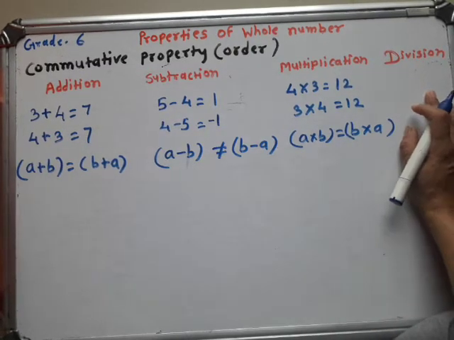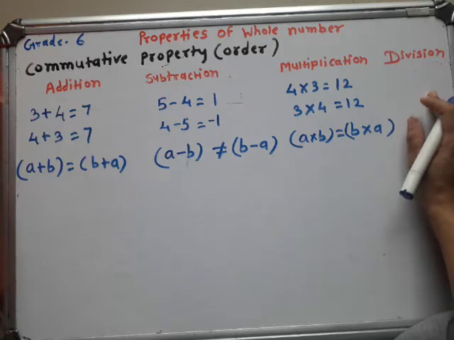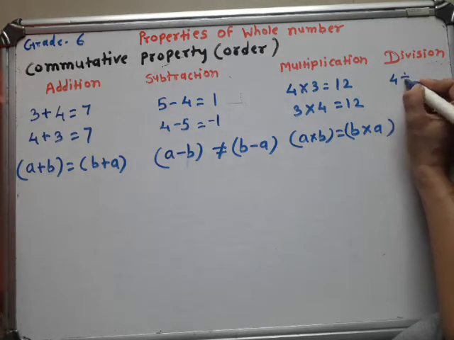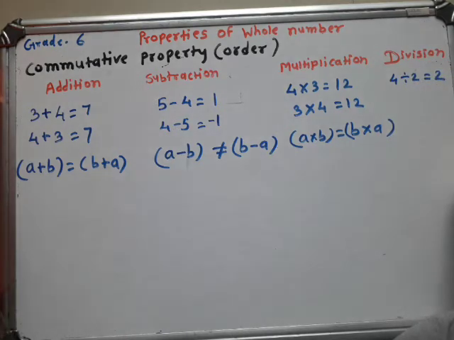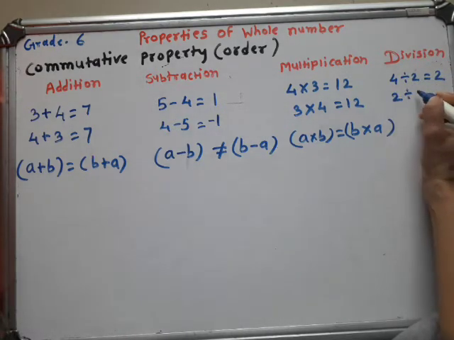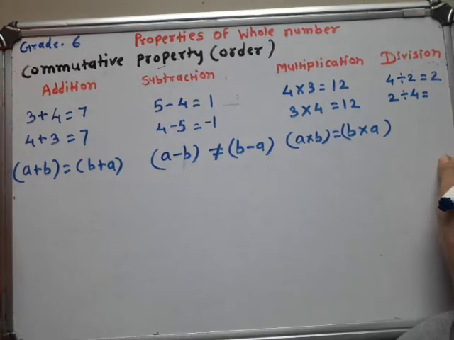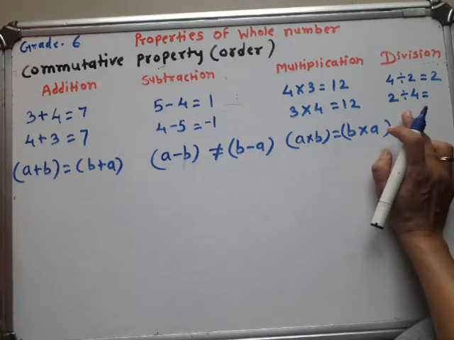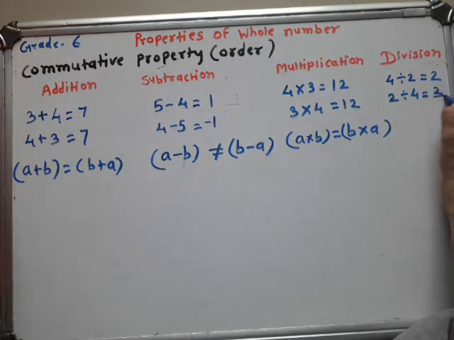Then the last is division. Again see, when we divide two numbers, suppose we divide 4 by 2, we get the answer 2. But we cannot divide 2 by 4 in the same way. Now we change the order of the numbers. So here 2 divided by 4 is possible. Here we get 1 upon 2, again the answer is in fraction.